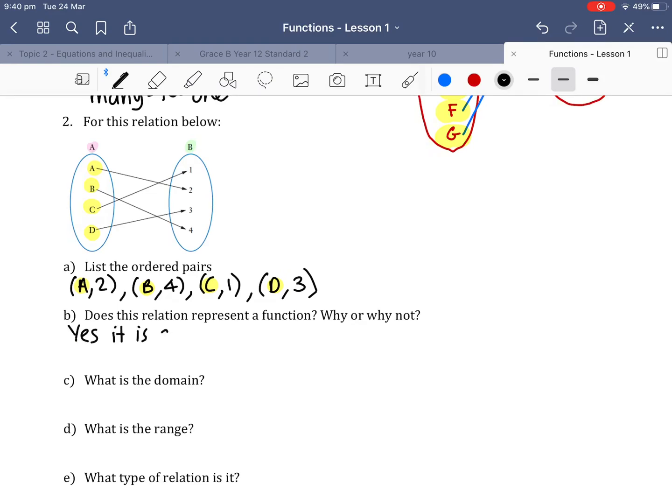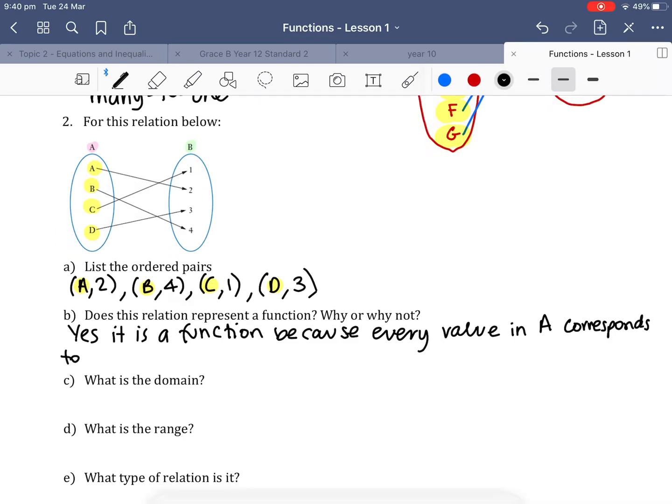So we write, yes, it is a function, because every value in A corresponds to exactly one value in B.